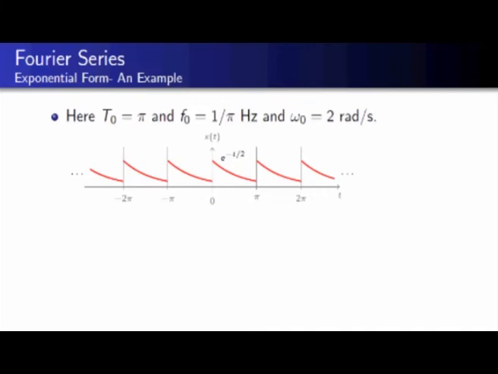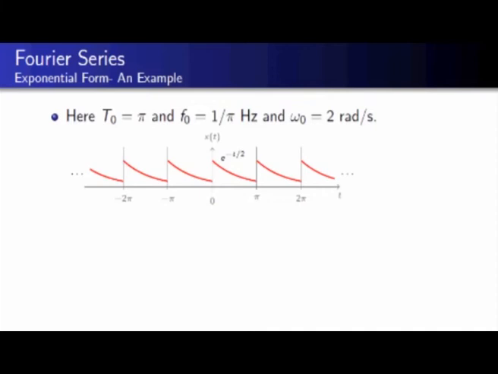Here t naught is pi seconds and f naught is 1 by t naught, so it is 1 by pi hertz, which is an irrational number, right? And pi is an ugly number, though in high school we take it as 22 by 7, it is not quite 22 by 7, it's some strange irrational number. So 1 by pi is also an irrational number.